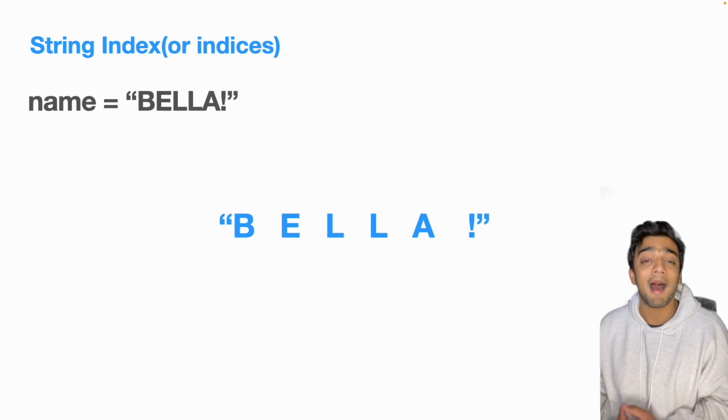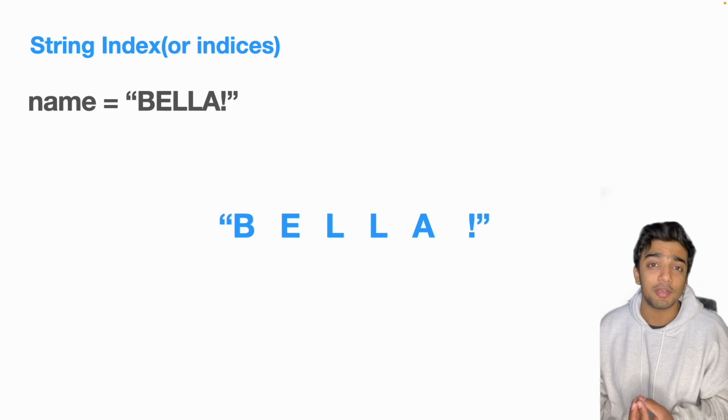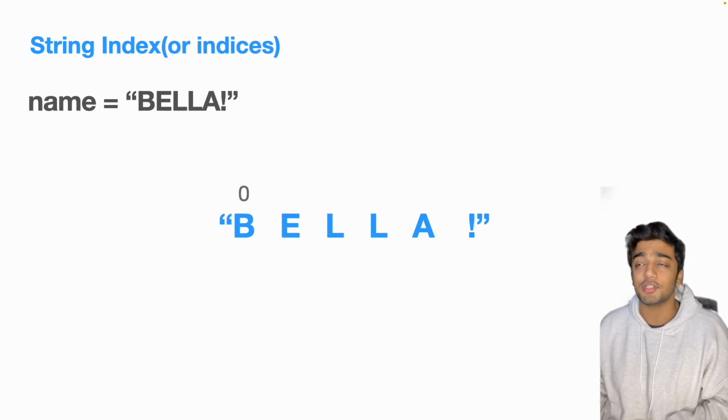Let's take a look at how characters are positioned in a string, or how you index the characters in a string. In this case, we always start counting the characters from 0. So the B in Bella would be at position 0, the E would be at position 1, L at 2, the next L at 3, the A at 4, and finally the exclamation point at 5.